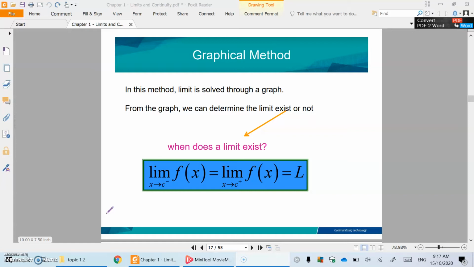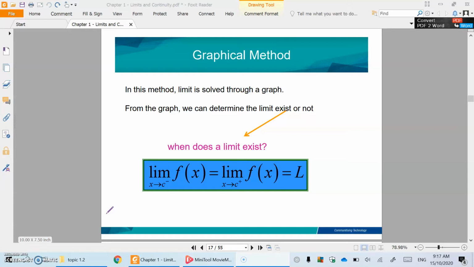In the previous video, we learned how to evaluate limits by using the numerical method. Today we are going to learn how to evaluate limits by using the graphical method. In this method, the limit is solved through a graph. From the graph we can determine whether the limit exists or not.